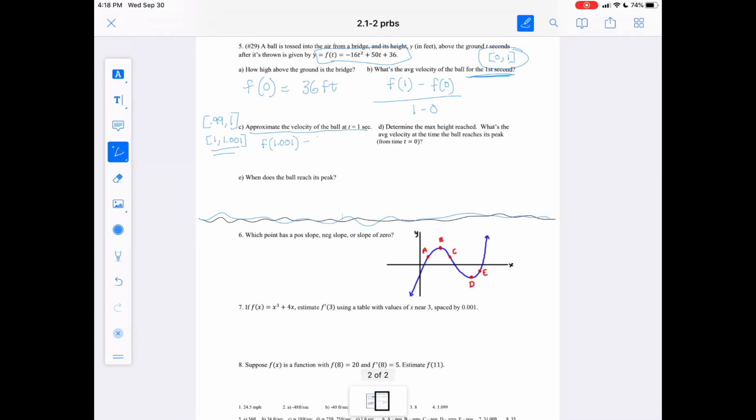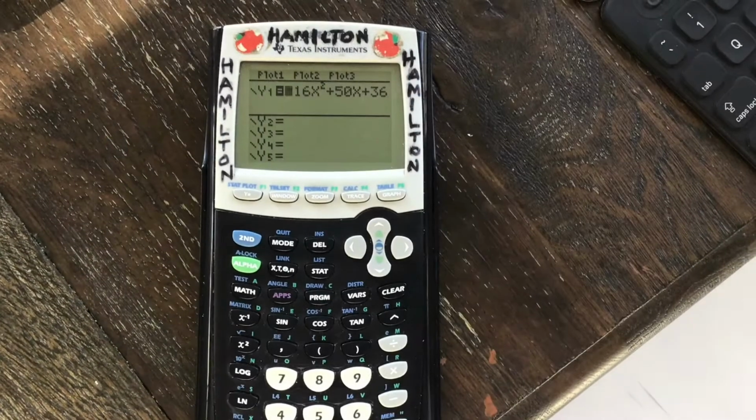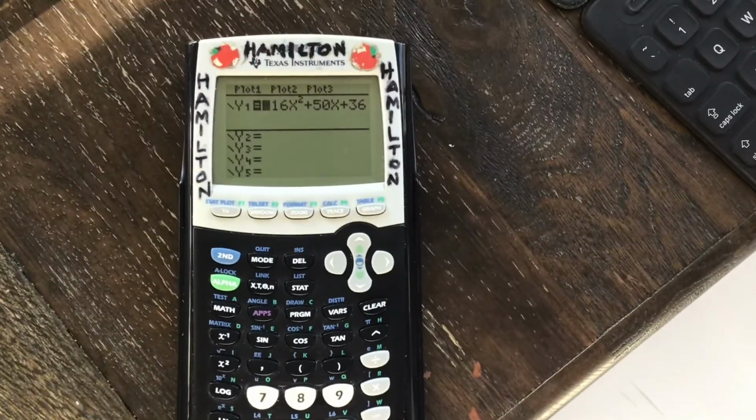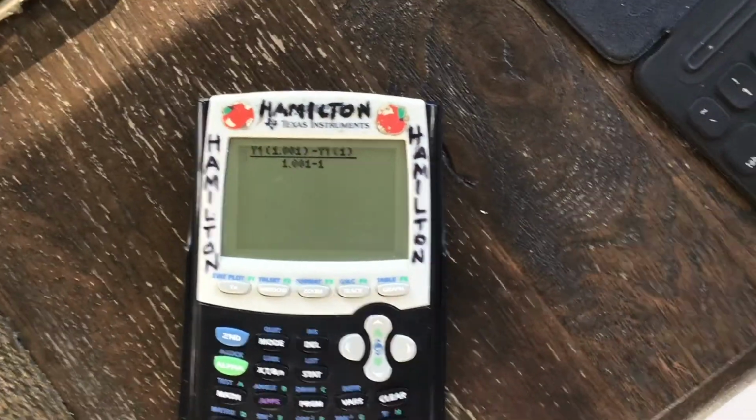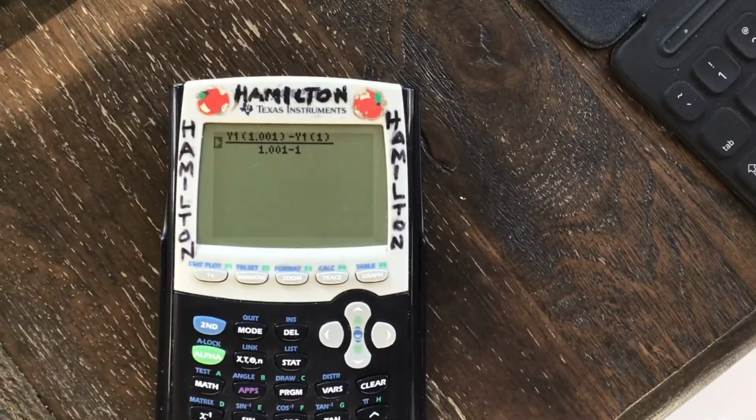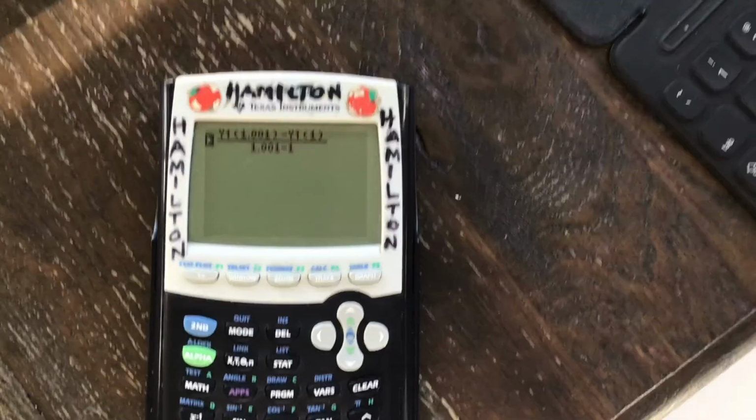I'll show you what that looks like as well. So this is what I'm typing in. You notice I've got that equation in my y equals. I'm going to quit from there. And then I also have this f of b minus f of a over b minus a.